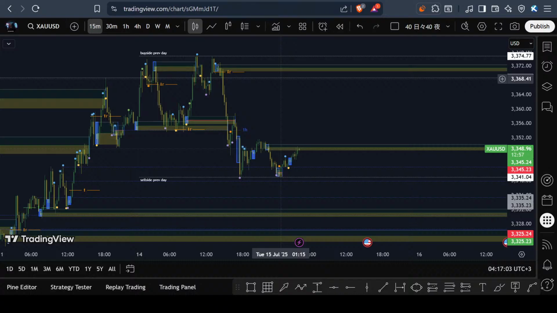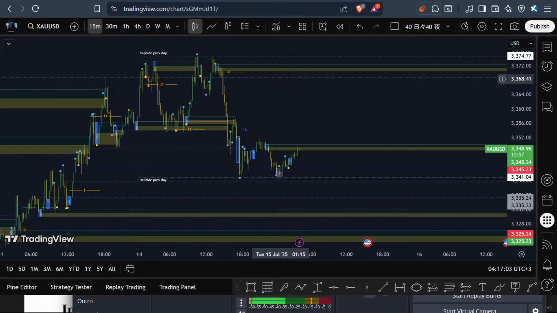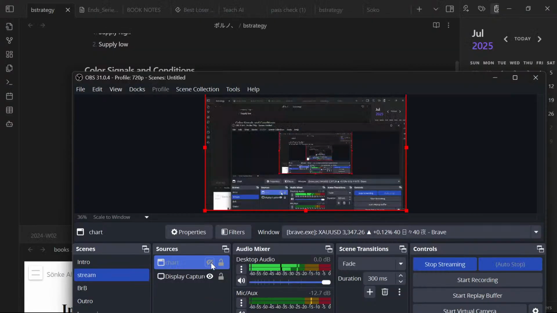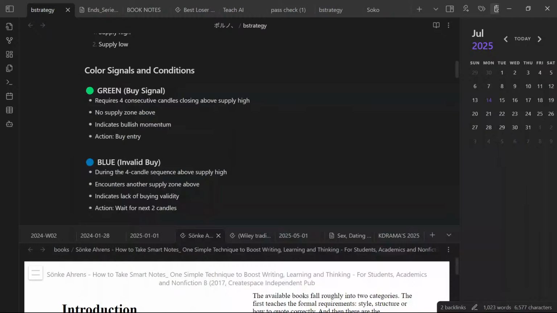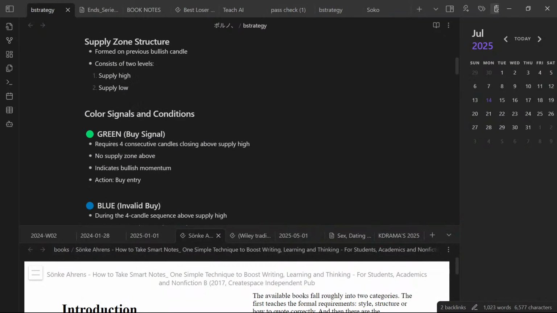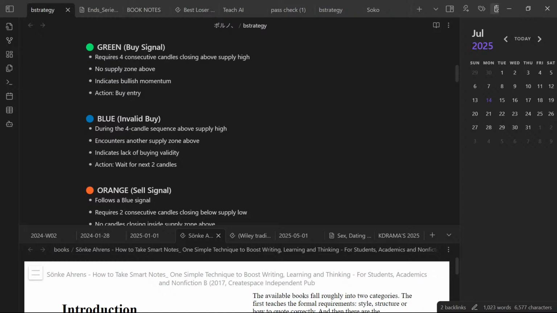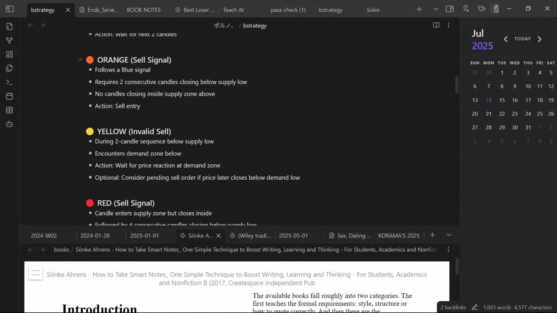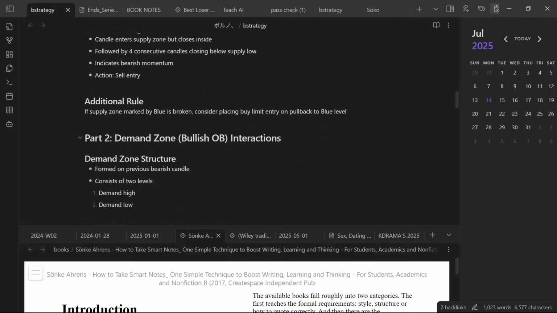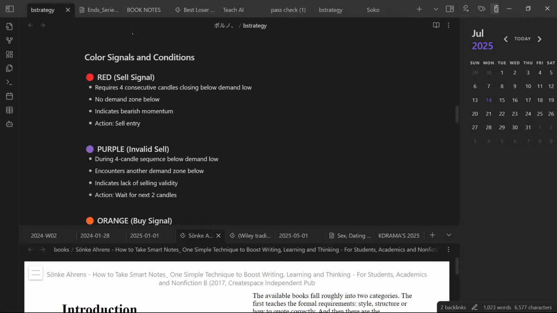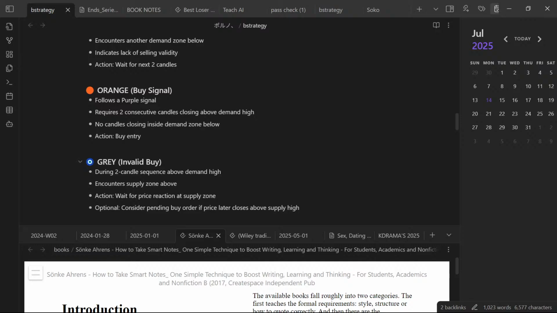Currently I'm on my laptop, that's why. Yeah, so basically those levels are these, see? The bubbles: you have the green, blue, the orange, the yellow, red, and the gray one. There's a gray one. This is the gray one.